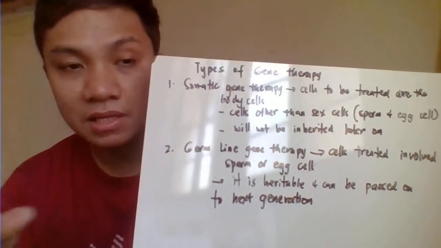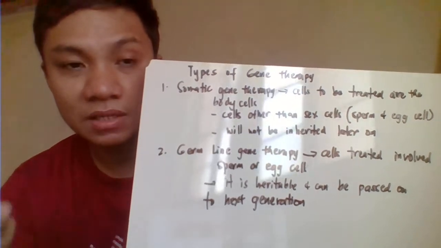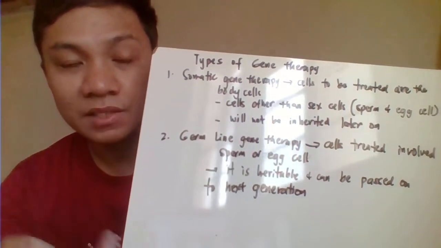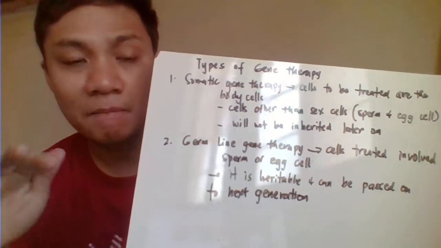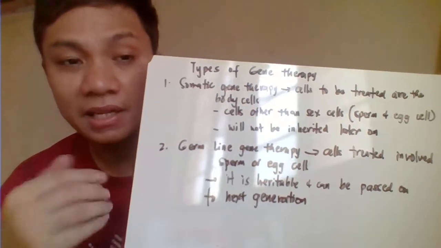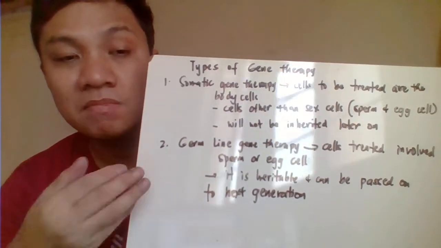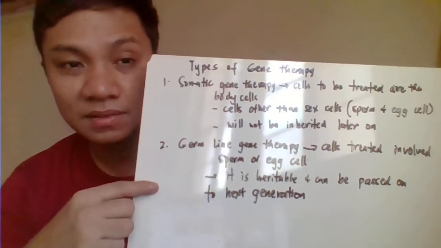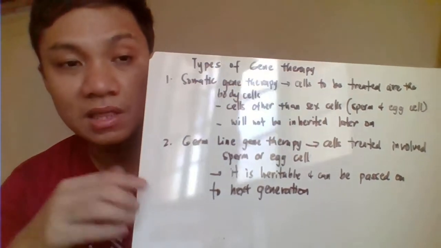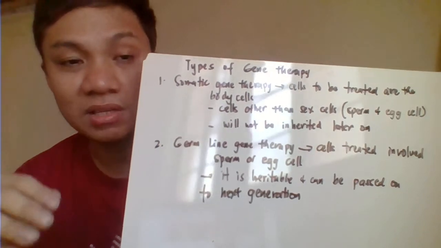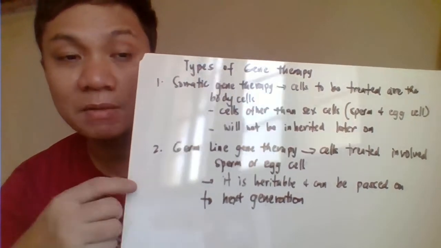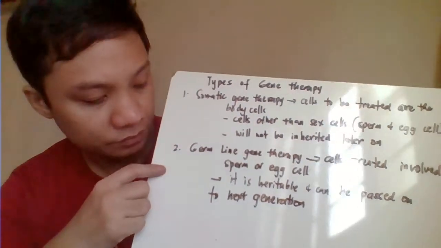So if you treat the patient today, the child today, for example, this generation has that genetic disorder, you just treat that one. But we are not sure about the next generation. It might come out again, the same genetic disorders. You don't have the assurance that even if you treat the present generation, the next generation will not still have the chance of being affected by genetic disorders.